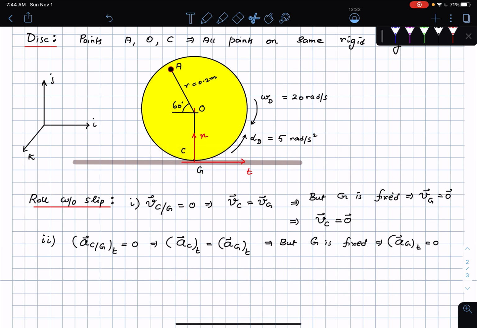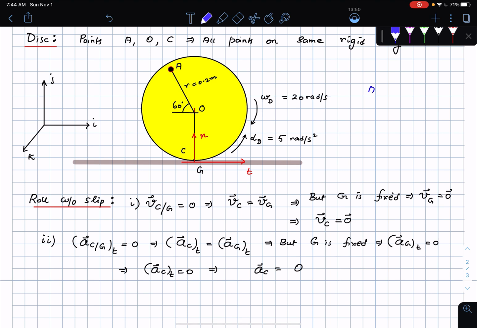Alright, that is fantastic. Okay, so this essentially tells me that acceleration of C in the tangential direction is 0, which tells me that the total acceleration of C is going to have a 0 component in the tangential direction. The tangential direction is coincident with I, so that's also something you can write.